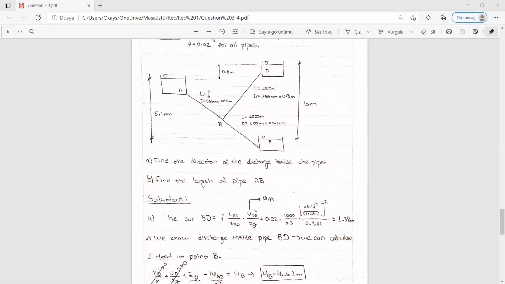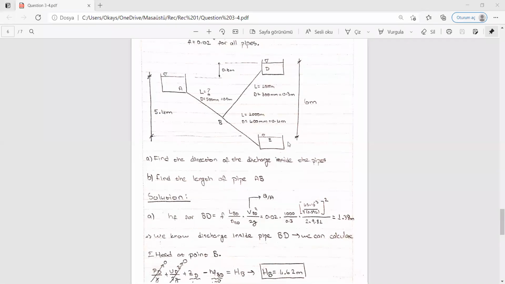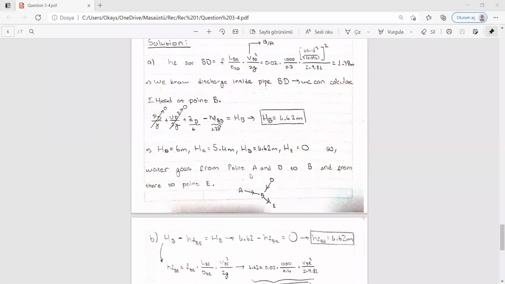Point B has 4.62. And point E, as I said, is our datum, so we have 0 head in total. So the direction will be from point D to point B, point A to point B, and from point B to point E. The flow direction will be like that. Did you get this part A? Any questions?